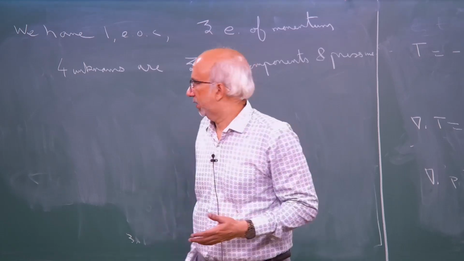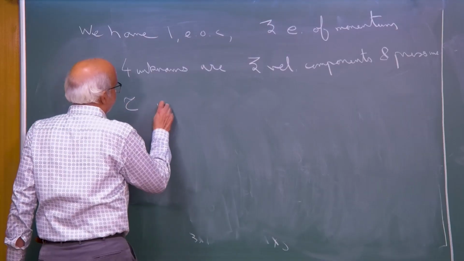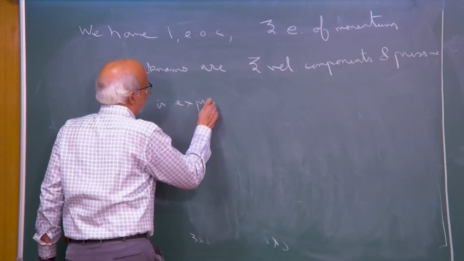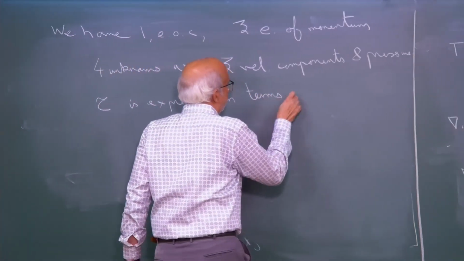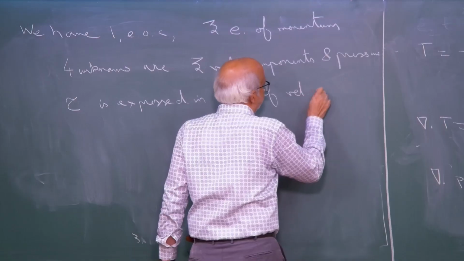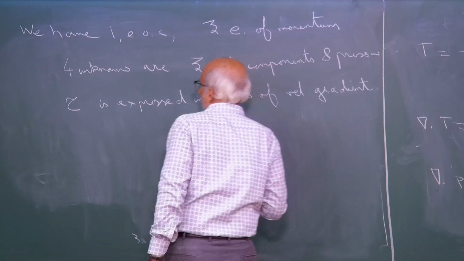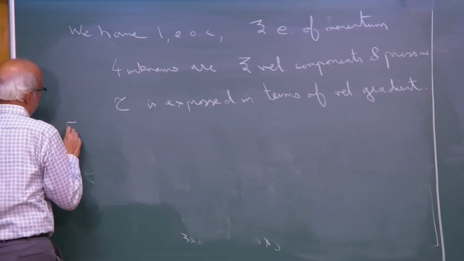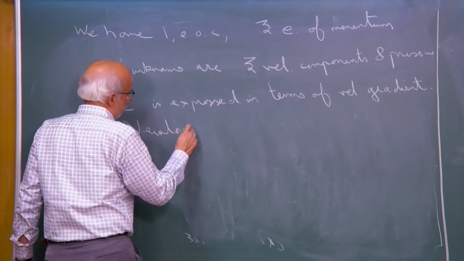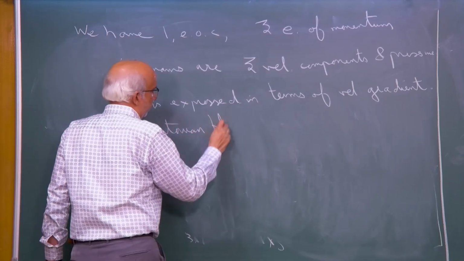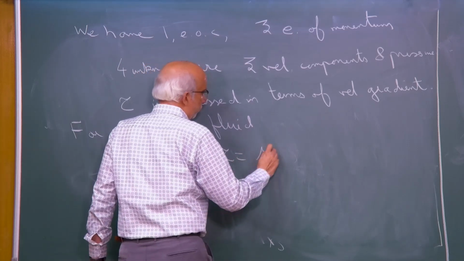Okay. So, tau is expressed in terms of velocity gradient. For a Newtonian fluid, tau is written as mu.